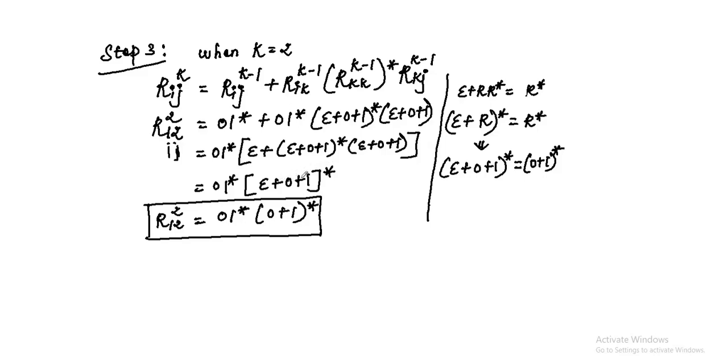Then epsilon plus 0 plus 1 star, as per the identity rules, epsilon plus r star is r star. Then here you write 0 plus 1 star, then remaining is 0 1 star. Finally, you will get the regular expression R12 raised to the power 2 equal to 0 1 star of 0 plus 1 raised to the power star. This is your final answer.